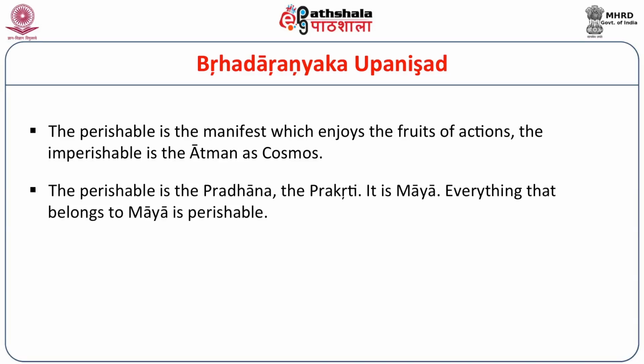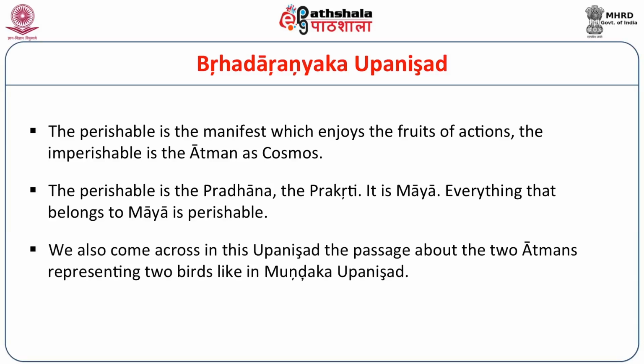That means it is Prakriti, made of Sattva, Rajas and Tamas. It is Maya, a kind of cosmic illusion. Everything that belongs to Maya is perishable because Maya itself is perishable. We also come across in this Upanishad the passage about the two Atmans representing two birds, like in Mundaka Upanishad.